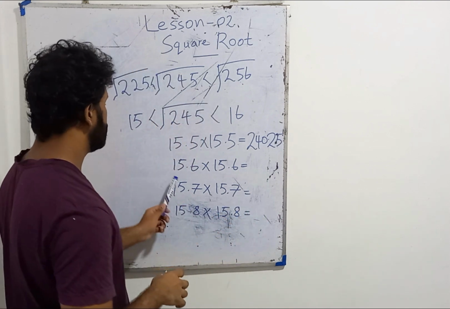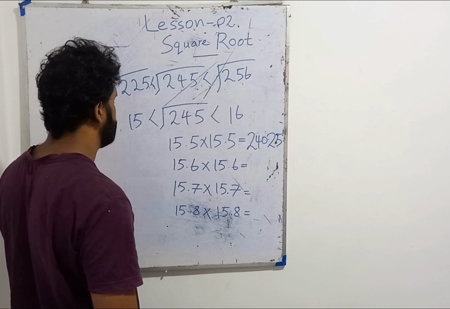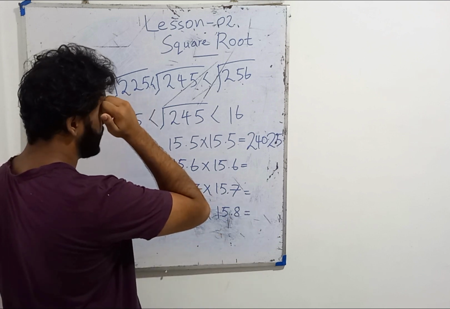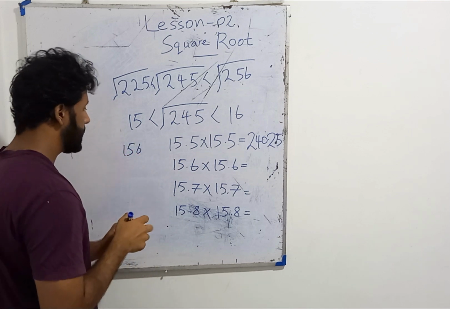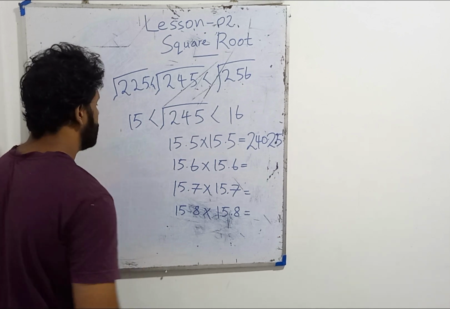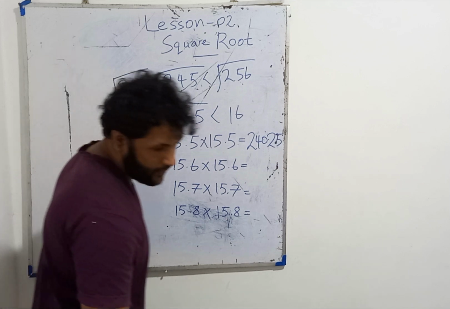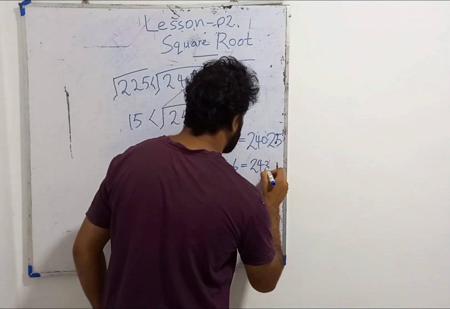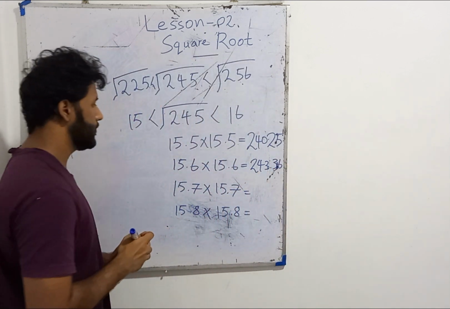Then 15.6 into 15.6, we have to multiply. 15.6 into 15.6 is going to be 243.36.